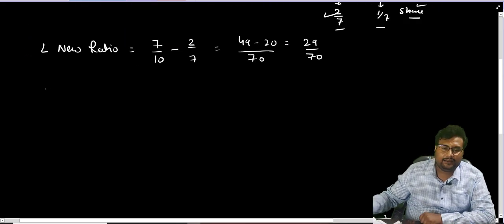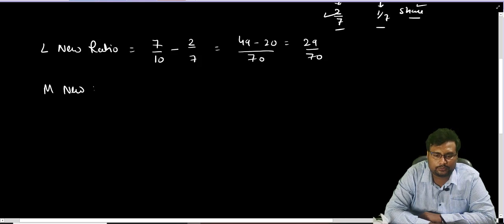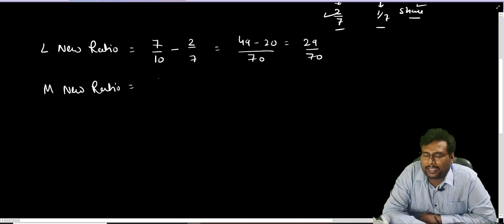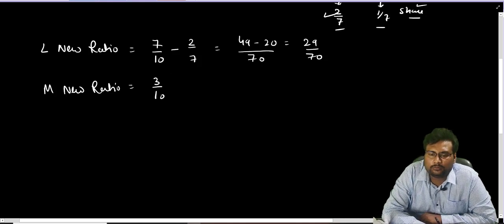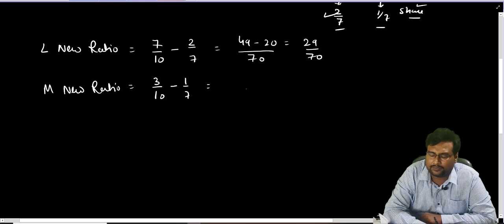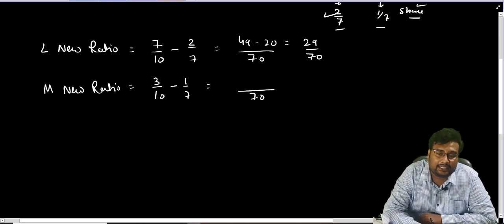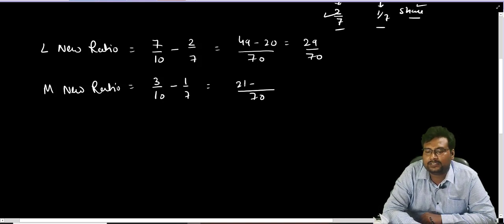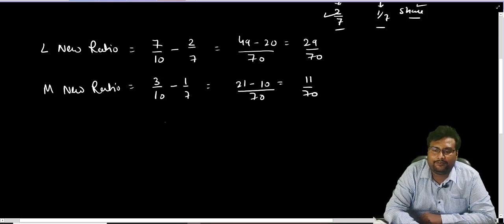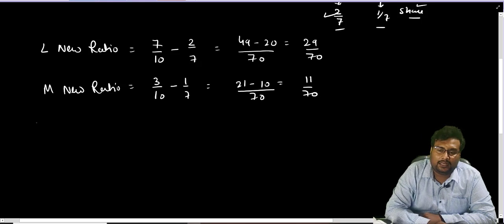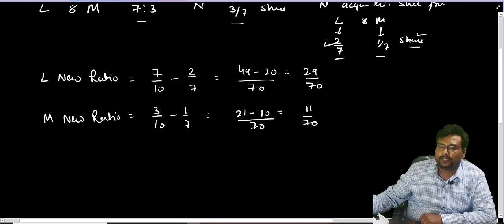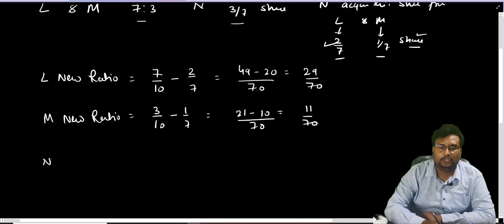Second, M's new ratio. M's new ratio will be 3/10 minus 1/7. LCM will be 70: 3 times 7 is 21, 1 times 10 is 10, so 11/70. And the last one is what? We admitted N. So N's new ratio.